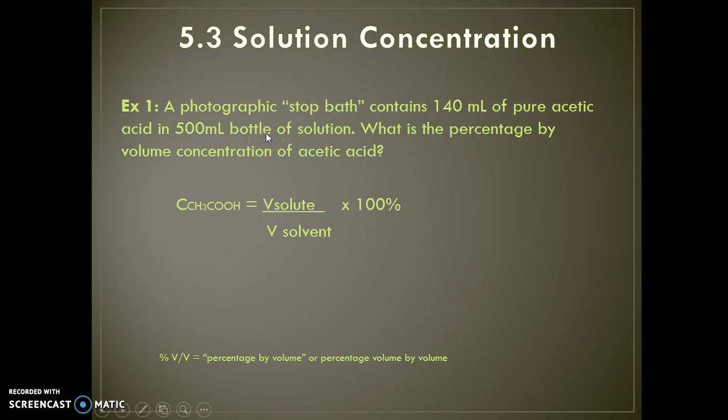This is the total bottle, and in that 500 milliliters, there's 140 milliliters of acetic acid. I substitute those numbers into my formula, and then put it on my calculator. 140 milliliters divided by 500 milliliters gives me 0.28, and then I multiply that by 100%, so that gives me 28.0, looking at sig digs here, percent volume per volume because both of these were solutions.